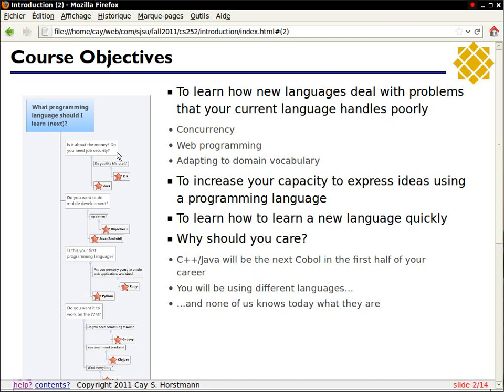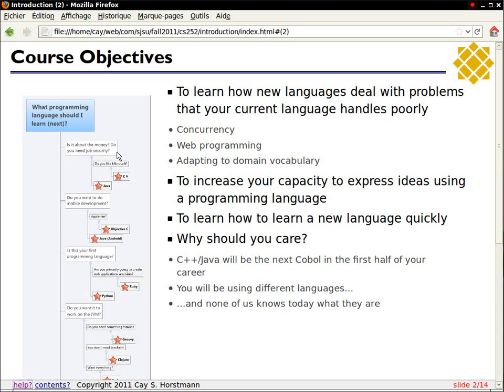And so the other reason why you should care is you're having a career in front of you that's going to span, hopefully 30 years, 40 years, whatever. And in the first half of your career, in the first 15 to 20 years, and once those 15 to 20 years have elapsed, C++ and Java will be utterly and completely dead. They will become what is now COBOL.